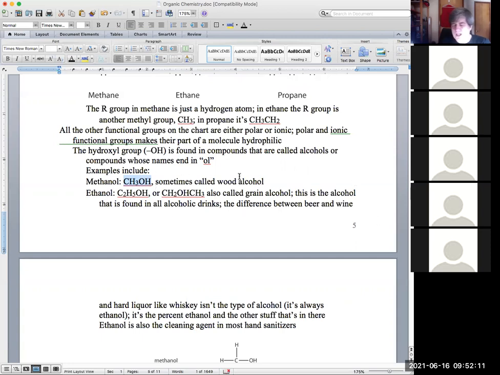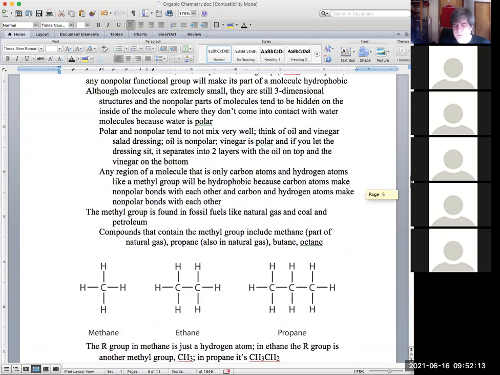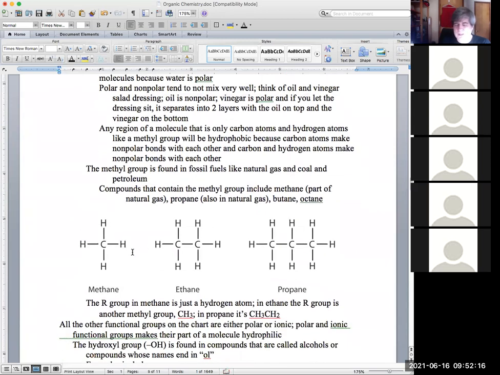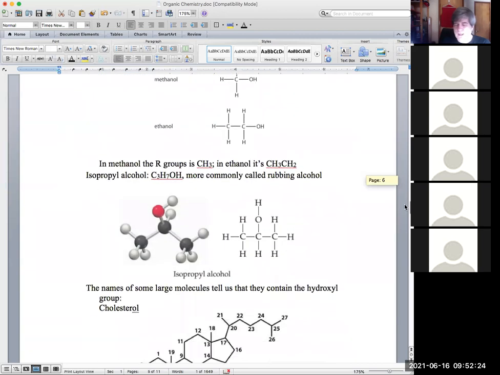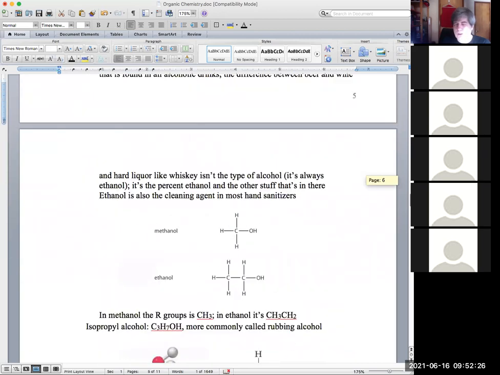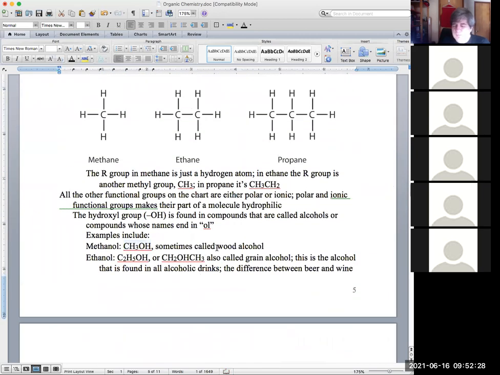Notice that CH3 is a methyl group. So if you imagine coming up to methane and taking off one hydrogen and replacing it with an OH, that's all we have here. Methanol is sometimes called wood alcohol, and it's also sometimes called methyl alcohol.